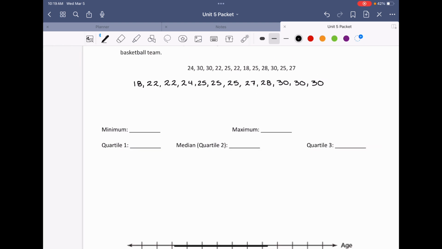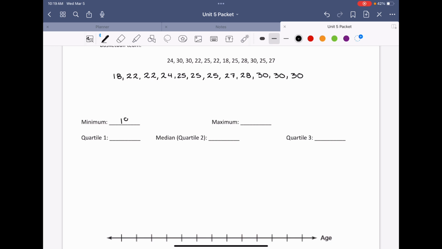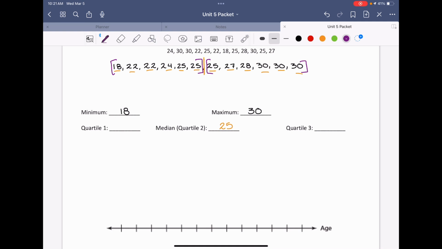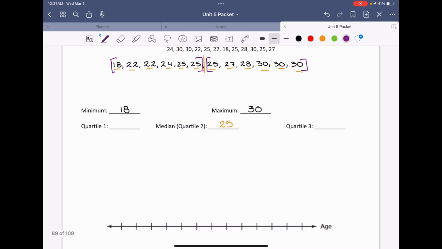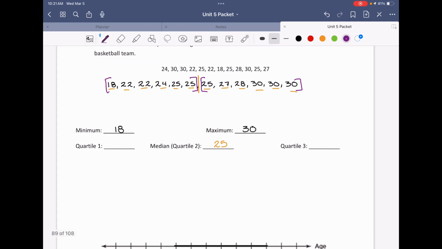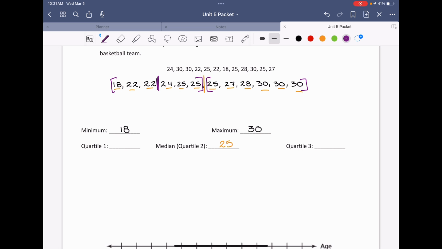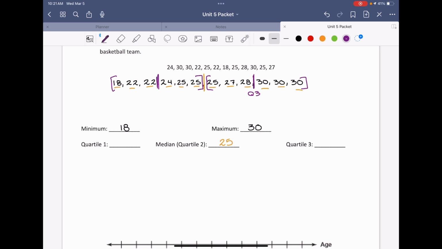All right. So minimum is 18, maximum is 30. To find our median, I'm going back and forth. All right, so that's going to be in the middle, so it's going to be between 24 and 22, and in between 28 and 30. So quartile 3 and quartile 2. So halfway between 22 and 24 should be 23.